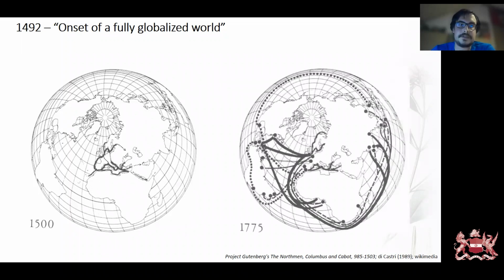But if we look at this network in 1775, we see that it has shifted to a truly globally connected world, which of course was strengthened by the actions that followed the European expansions, with the establishment of different trading companies like the British East India Company in 1600, one of the largest corporations in the world back then, with a focus on India and Hong Kong, or the Dutch East India Trading Company, which dominated the spice trade for quite a long time.